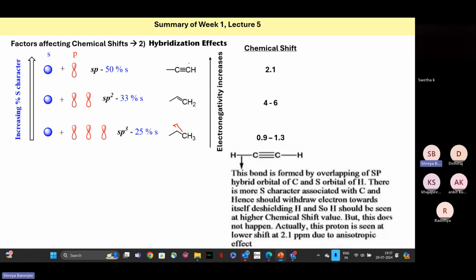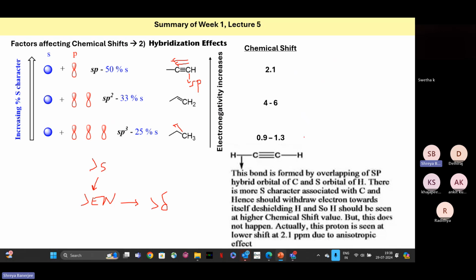But in the case of alkyne, the withdrawal of electrons is much higher because this carbon is sp hybridized and has greater S character. So greater S character, greater electronegativity, and greater electronegativity, greater delta. This is what should have happened.